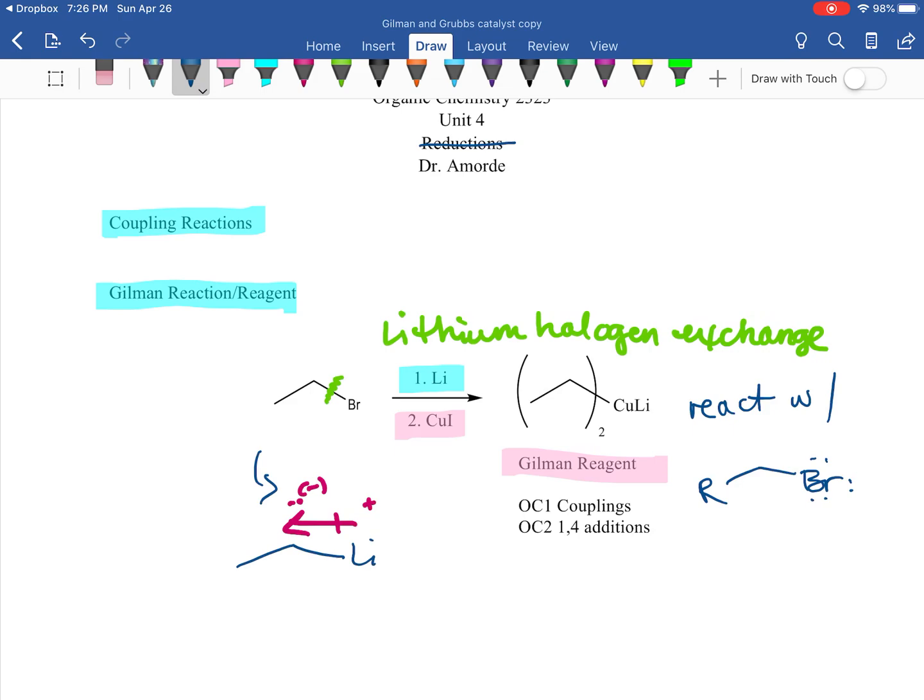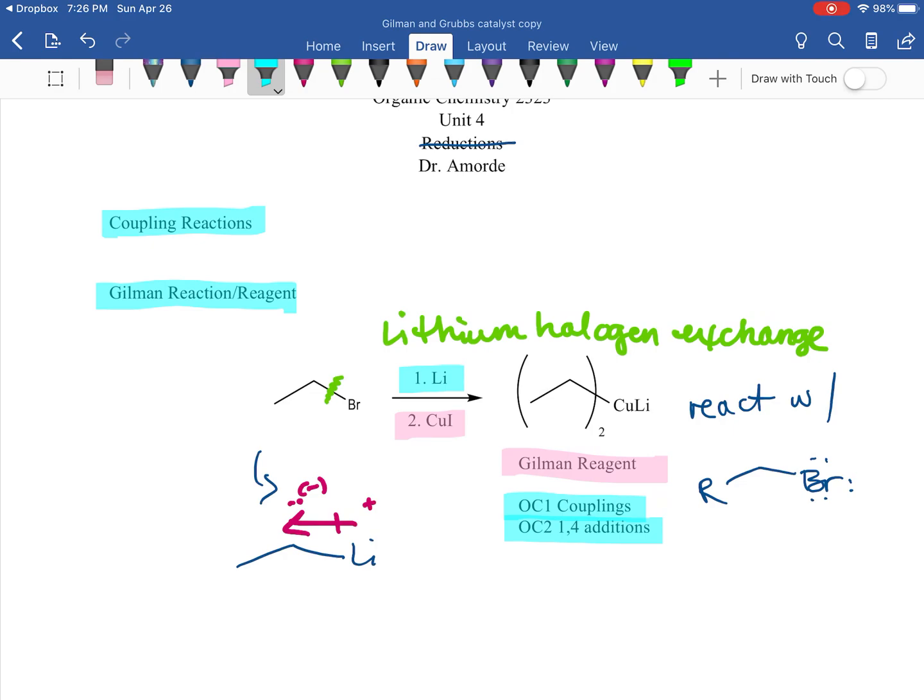And it made those good coupling partners. We're going to react these with an alkyl halide. Any kind of alkyl halide is going to work. Bromine is certainly the most common. Occasionally chlorine is used.